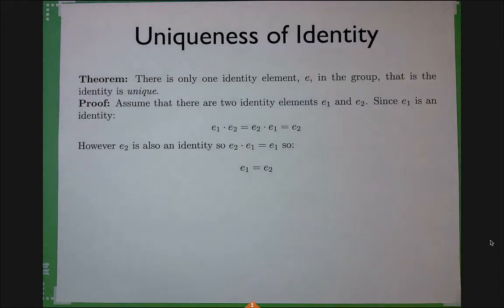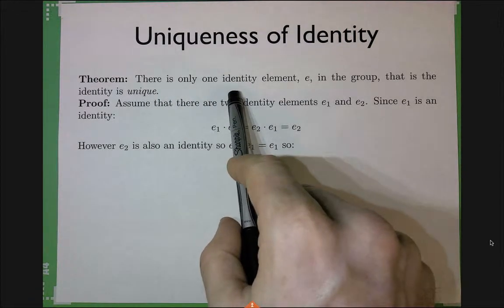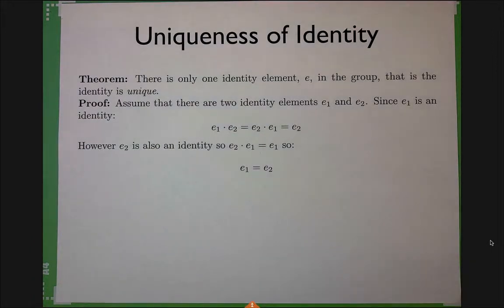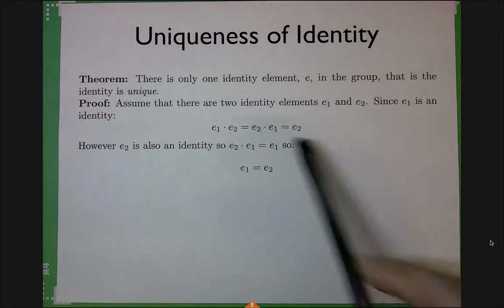It might seem weird to do things in such an abstract way, but on the other hand, it's cool that you can just say it in general. So the next property is the uniqueness of identity. It says that if we have two identity elements, they have to be the same. There cannot be two distinct identity elements in a group. The identity is unique.